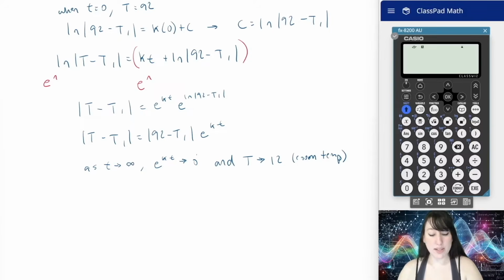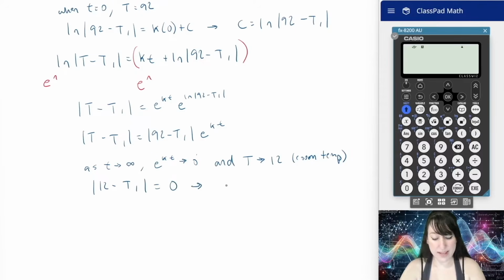Since the temperature is decreasing, we know that k will be negative, and as t goes to infinity, e to the kt will go to 0. And then the temperature of the coffee will go to room temperature. So we have 12 minus T1 equals 0, which means that T1 is 12.